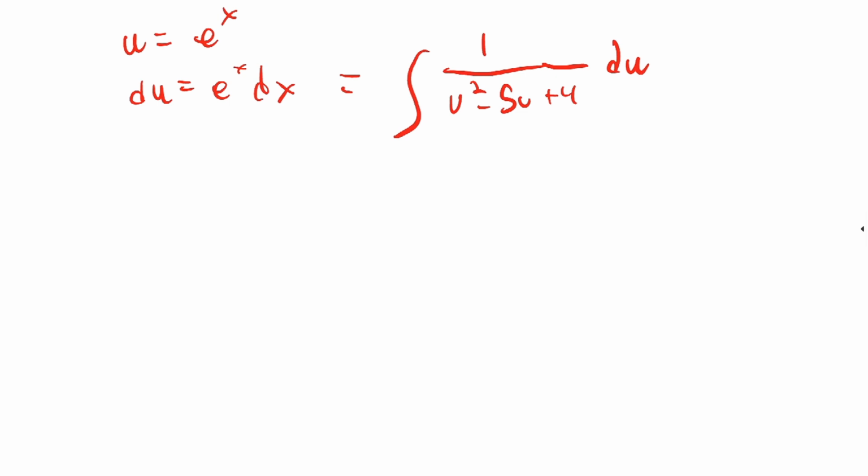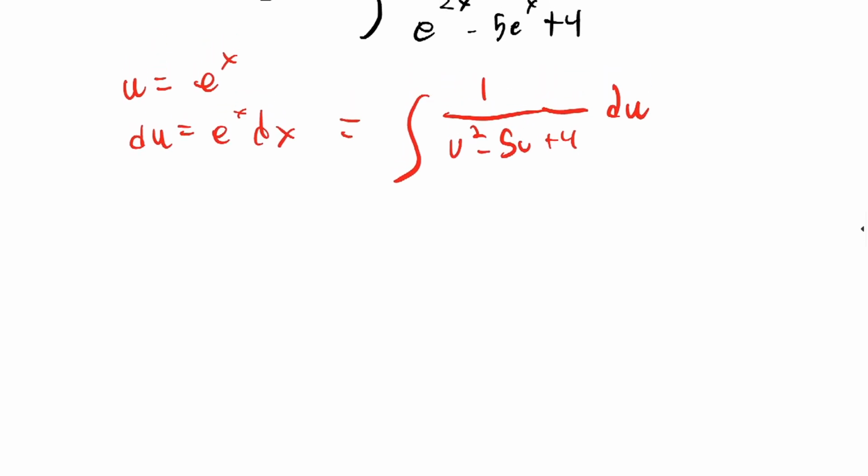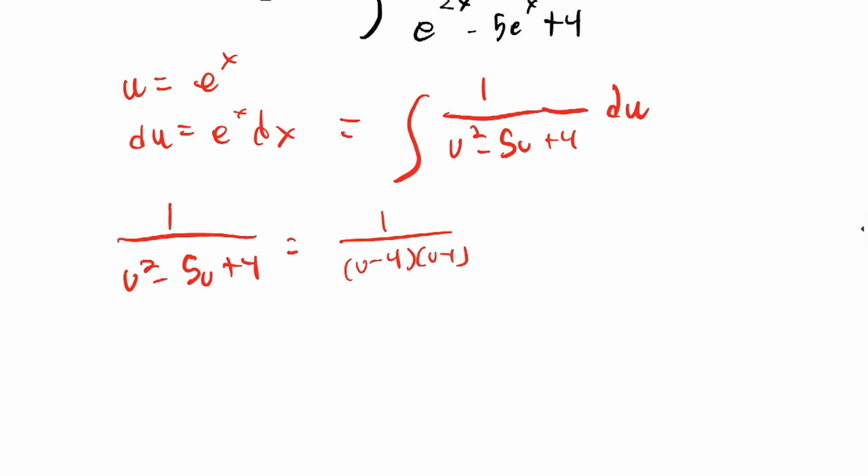And from here, we're going to do a partial fraction decomposition. 1 over u squared minus 5u plus 4 is equal to 1 over u minus 4 times u minus 1, and that's also going to be equal to A over u minus 4 plus B over u minus 1.